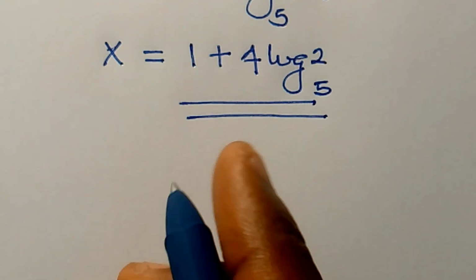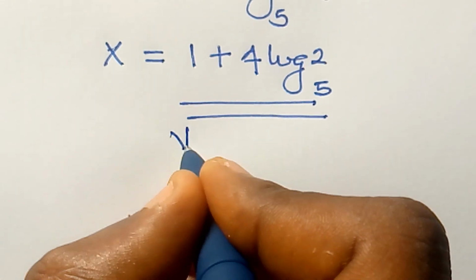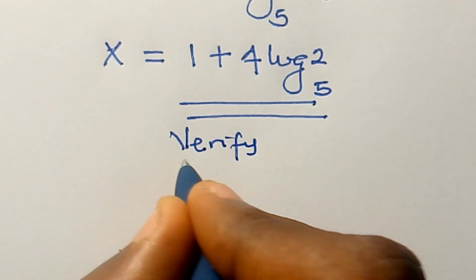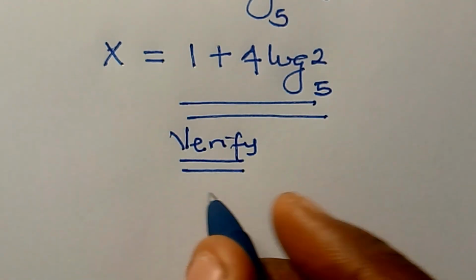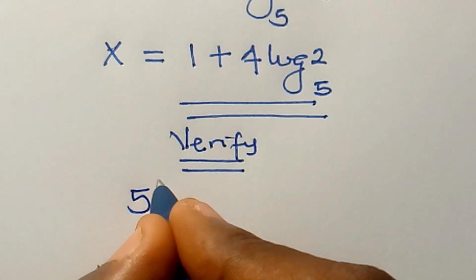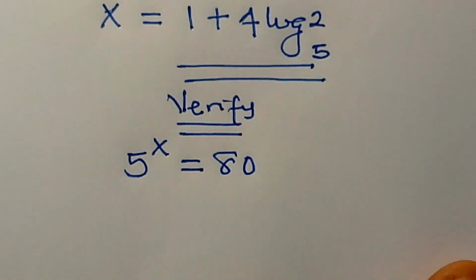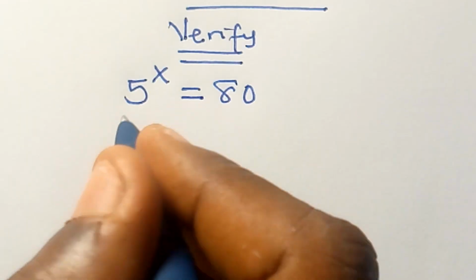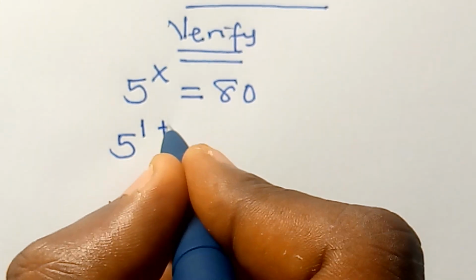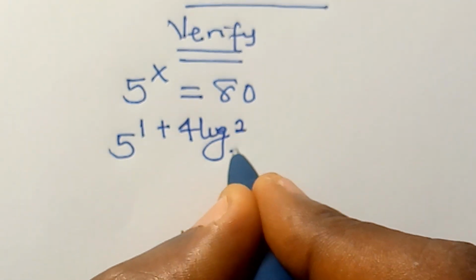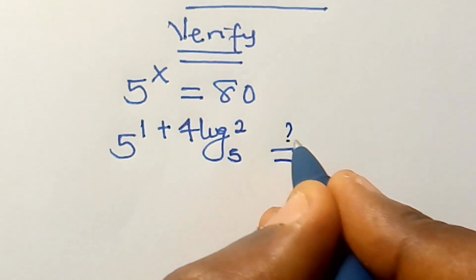So we can actually verify this. Let's check. We have 5 raised to the power x equals 80. So we have 5 raised to the power 1 plus 4 log 2 in base 5. Is this equal to 80?